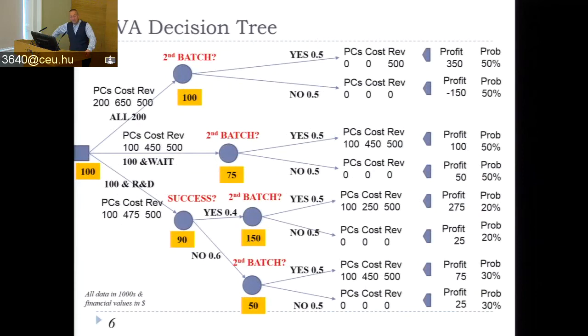Why should I deal with this information? Others will tell me that the 200,000 means a profit of 350,000, so as long as I'm paying the guy less than 350,000, I'm good, I'm at profit. So maybe we should pay a lot.